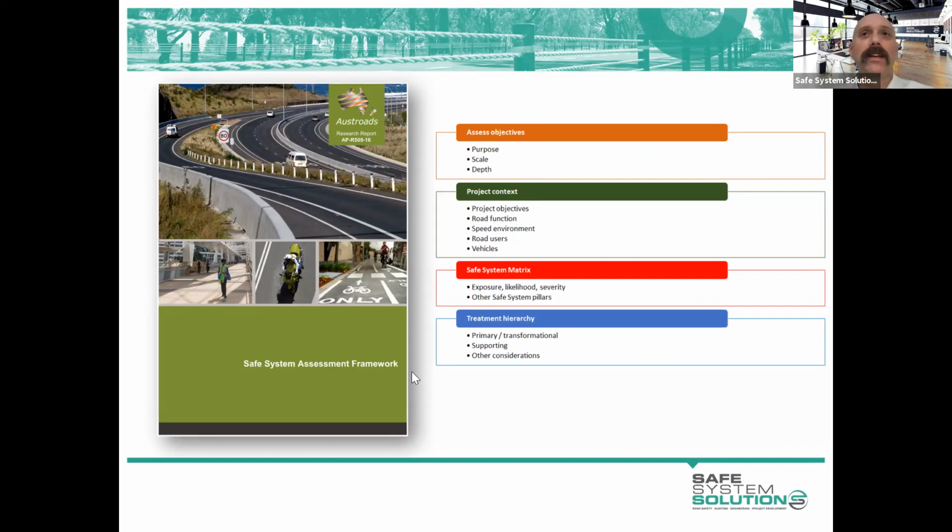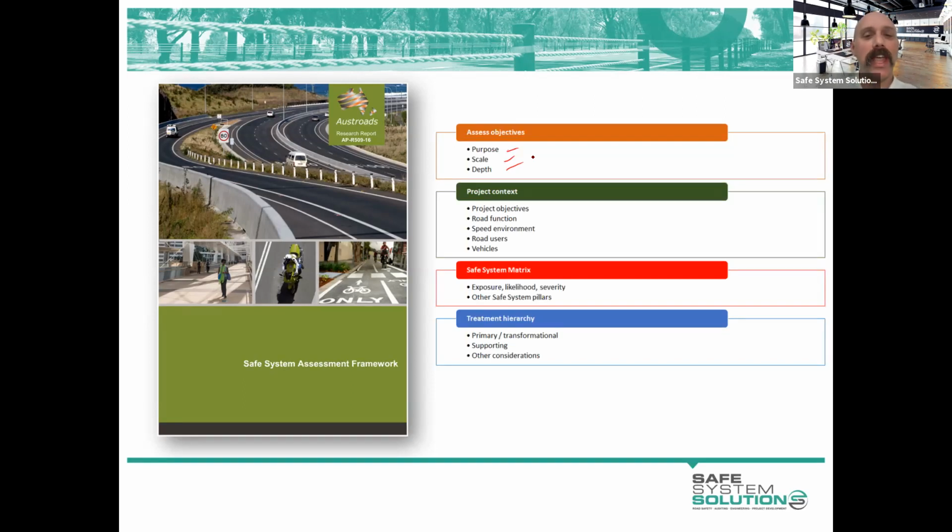The reality is that most people are using it on infrastructure projects, but you'll see here in one of the sections, the first thing is the purpose, the scale, and the depth of the assessment that you're going to do. Because the way this has been set up means that you can do a safe system assessment on quite a variety of things.